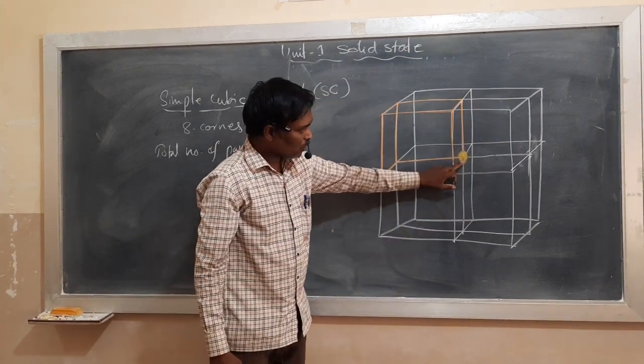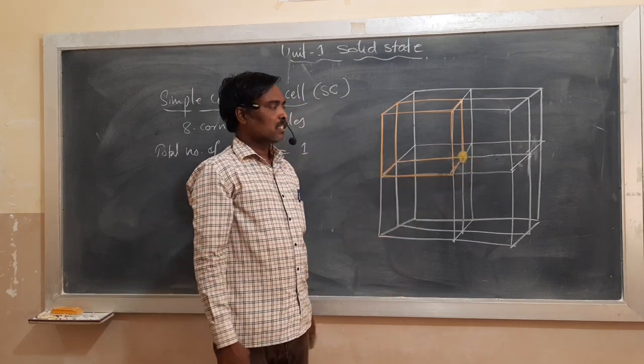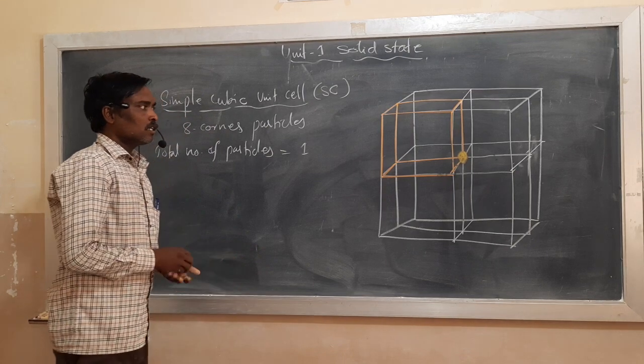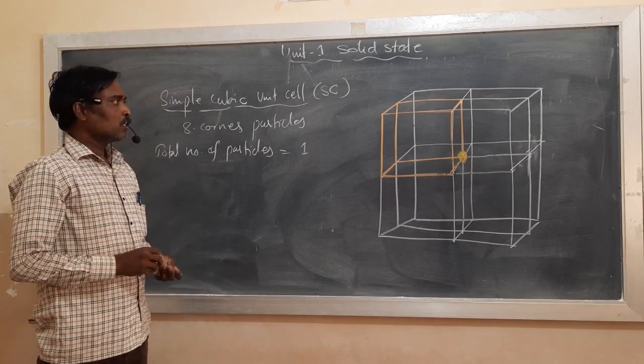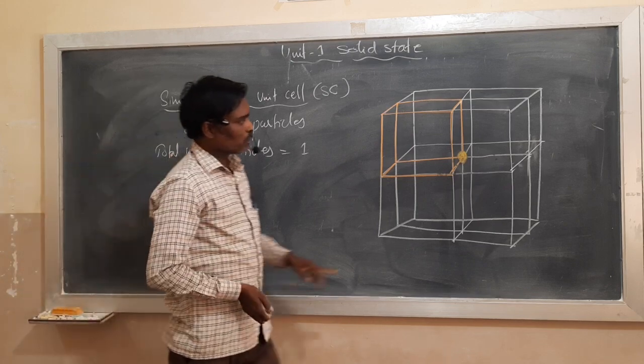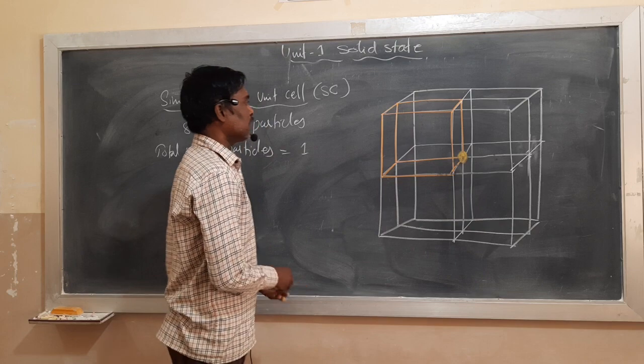That means this particle is present in all the 8 unit cells. Some portion of the particle is present in each unit cell. So that particle is shared by 8 unit cells. Therefore, we say that the contribution of this corner particle to that particular one unit cell is 1/8.